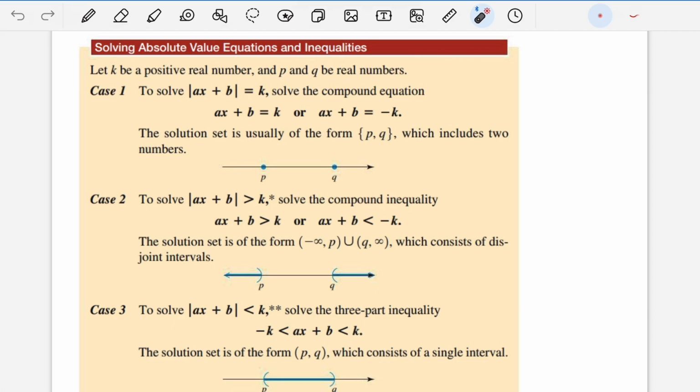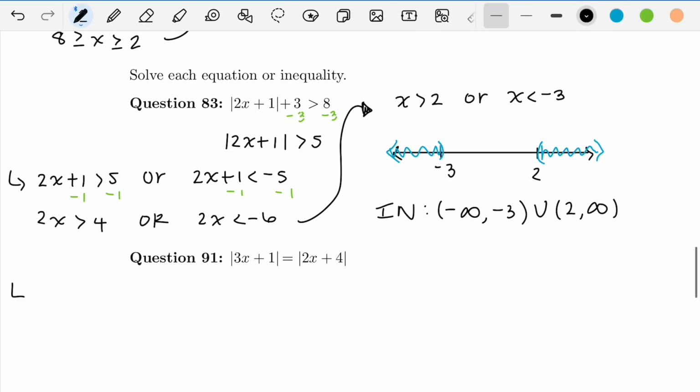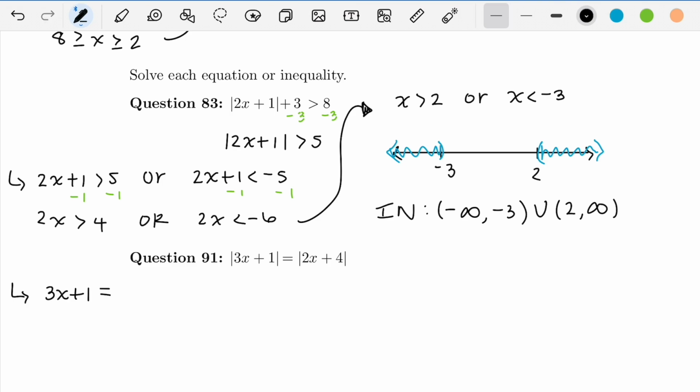So all we're going to do here is rewrite our absolute value equation as a compound equation in this form here, but instead of just k and negative k, we're going to have what's inside of our absolute value expression. So what I mean is, we know what's inside of our absolute value on the left-hand side is going to be 3x plus 1, and it's just going to be equal to positive k. Now in this case, k is just going to be 2x plus 4.